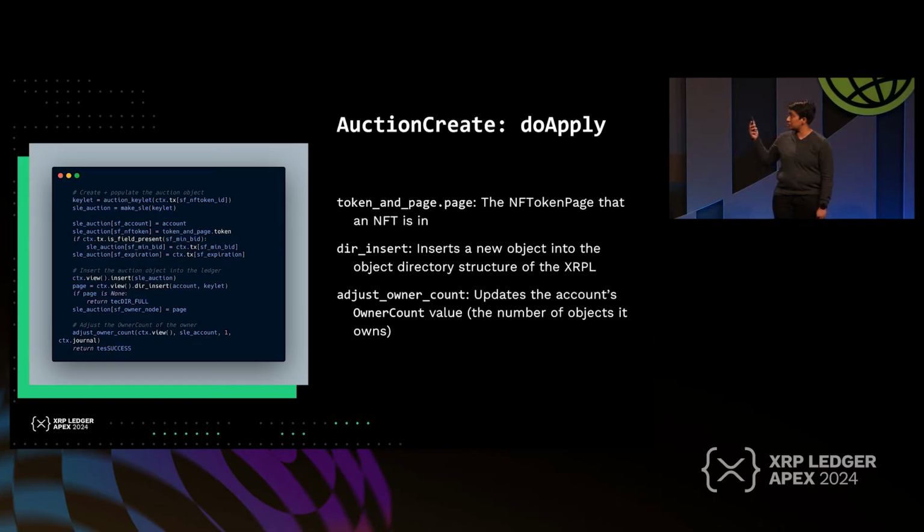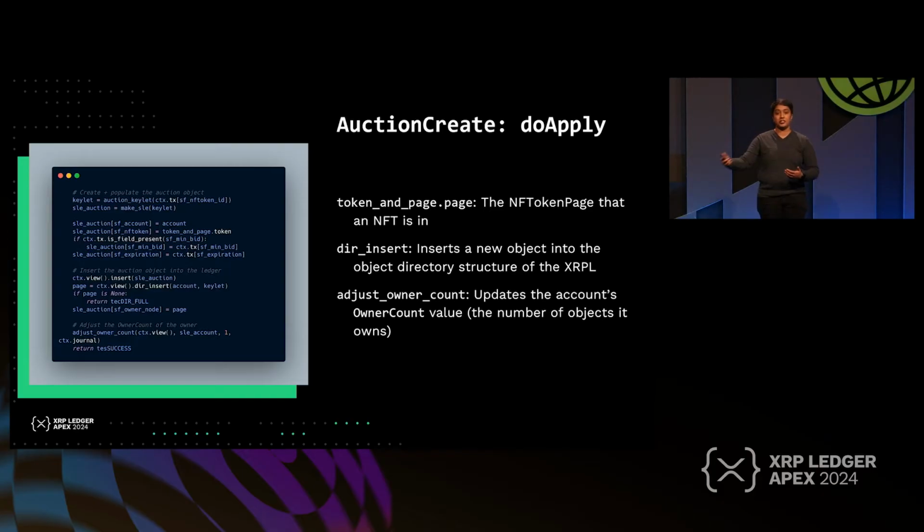And next, the rest of the function, we create the auction now with this function called makeSLE, which makes a new ledger object. And then we populate it with all of its fields: the account, the NFT, the minimum bid, and the expiration. And then we do a couple steps to essentially insert this object into the ledger.